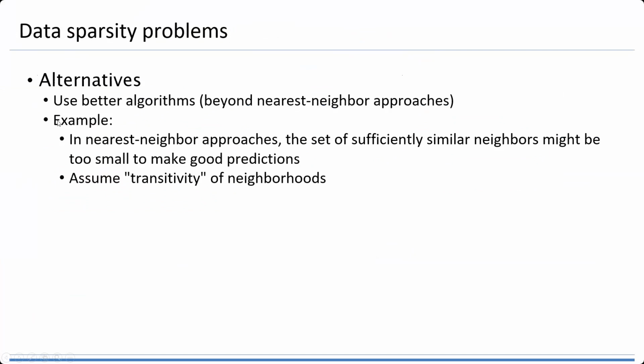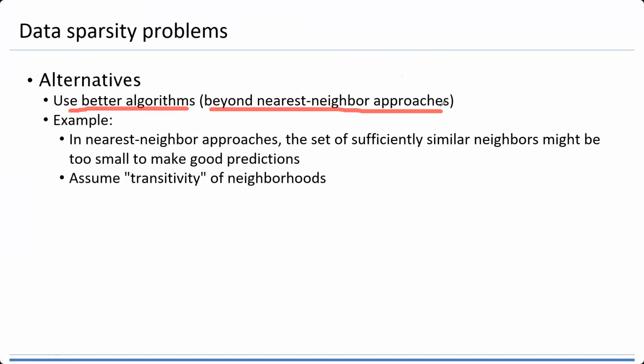The alternative is that we can use better algorithms, meaning beyond the nearest neighbor approaches. Next week we will learn more algorithms, not only nearest neighbor.